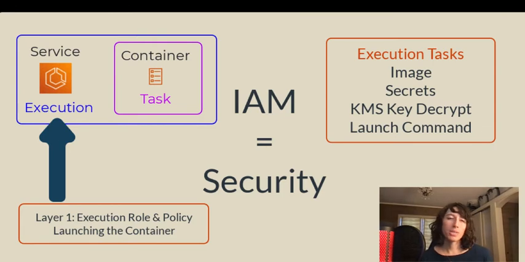So common items at this layer are the actual image that's stored in ECR, a container registry, any secrets stored in Secrets Manager, any keys stored in KMS that are used to encrypt those secrets, everything needed to launch the container on the outside.